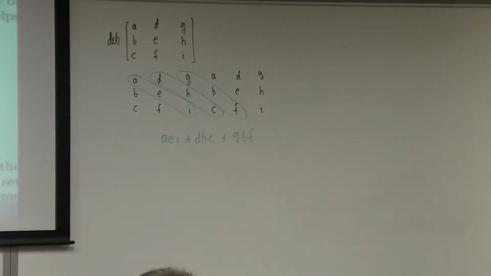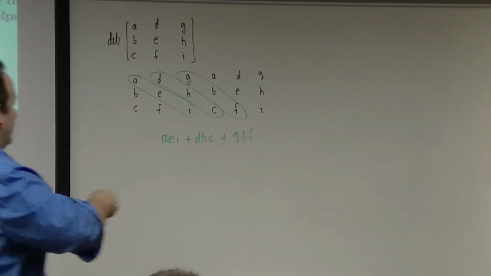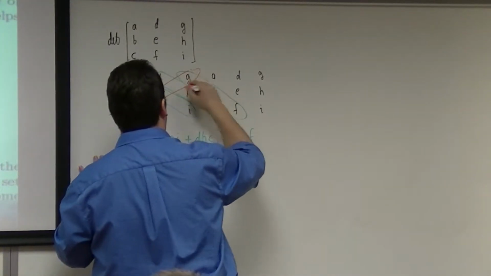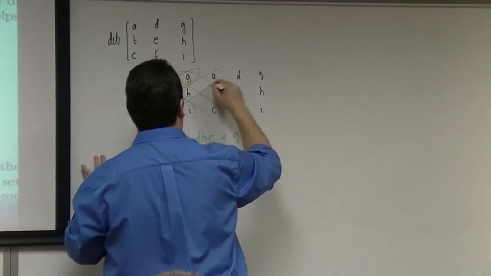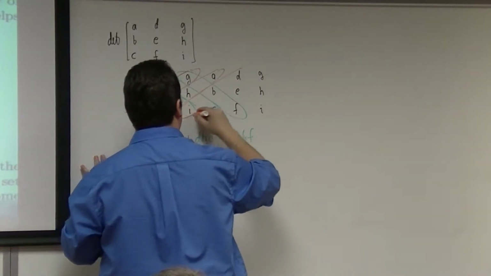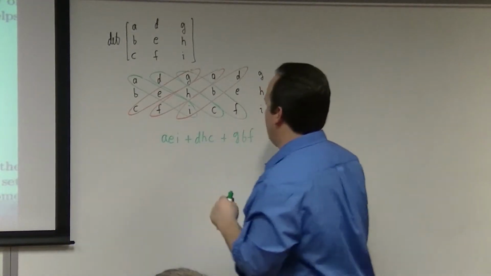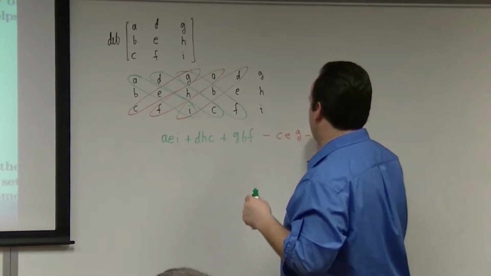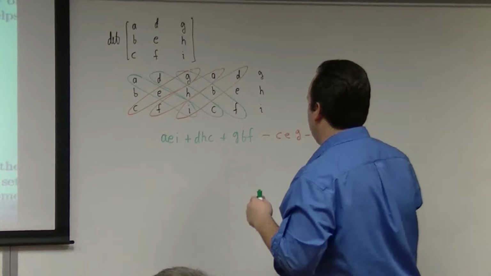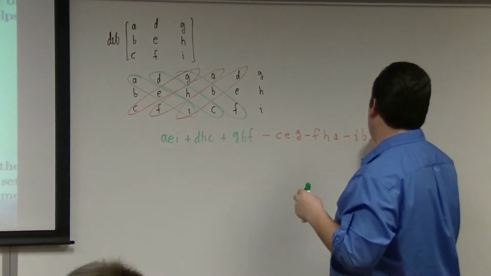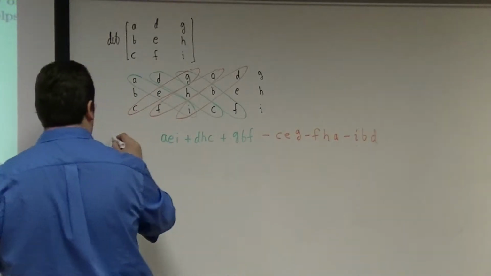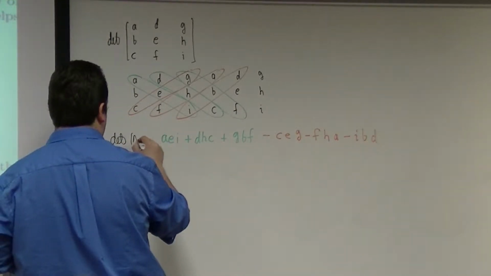And then, if you go the other way, as I'm doing in orange, those get minuses. Minus CEG, minus FHA, minus IBD. That, folks, is the determinant of this matrix, which I'll call A.